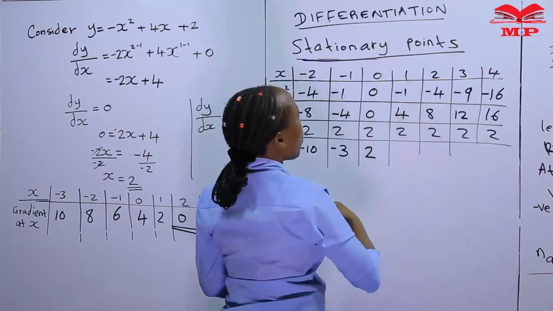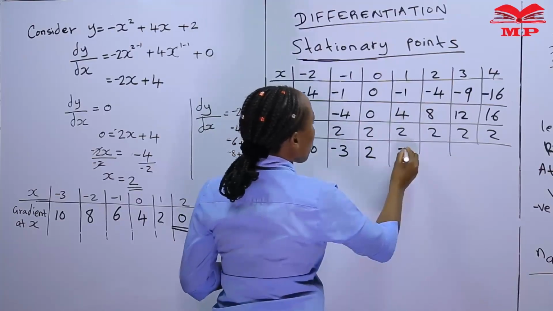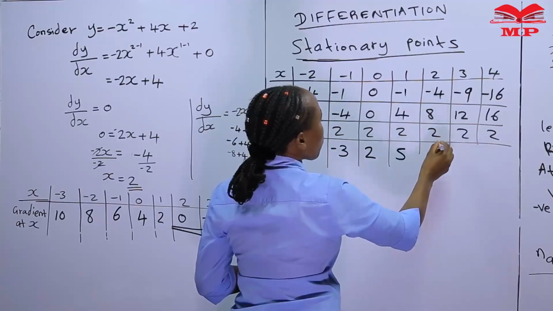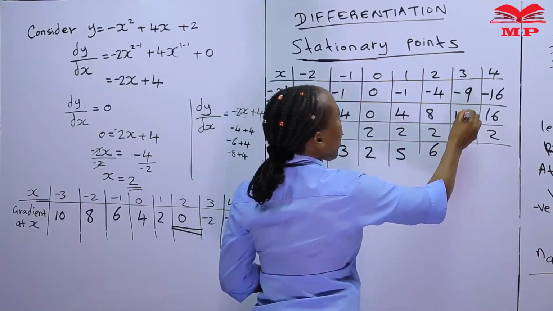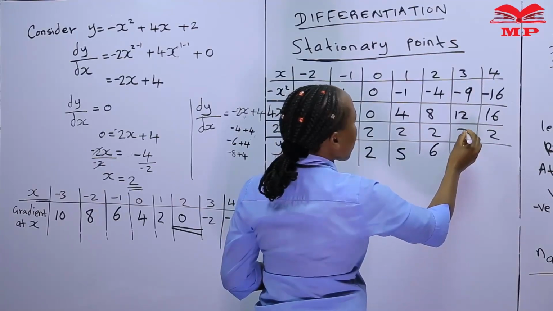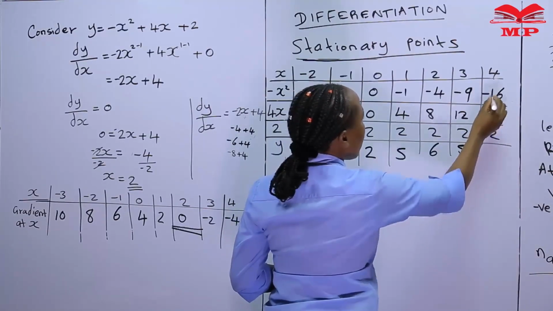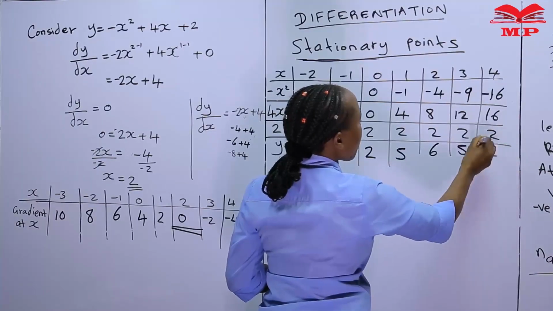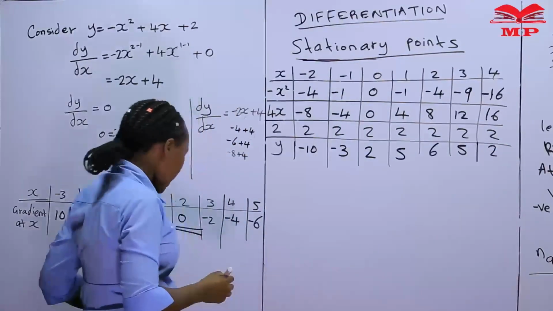Negative 1 plus 4, that is 3, 3 plus 2, 5. Negative 4 plus 8, that is 4 plus 2, 6. Negative 9 plus 12, we have 3, then 3 plus 2, 5. Negative 16 plus 16, that is 0 plus 2, we have 2. Then we plot that curve.